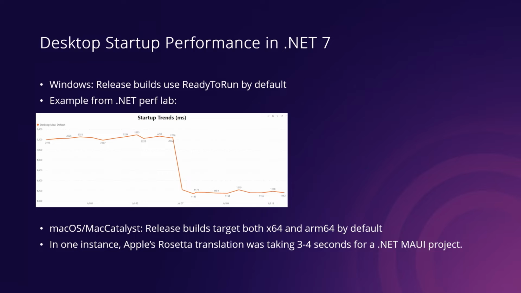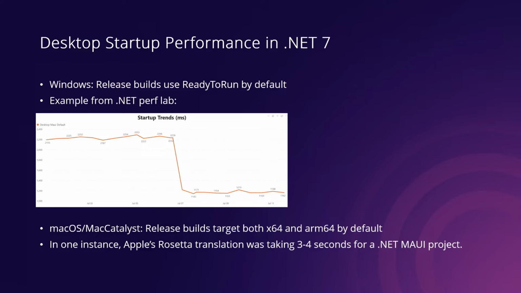But all they needed to do was build it for 2 architectures. And so we made the change in .NET 7 that the macOS and Mac Catalyst workloads are going to do this for you by default in release build. So you don't have to know about this. You can just build a release build by default and send it to the App Store, and it should do the right thing. So those are 2 big wins for desktop startup.